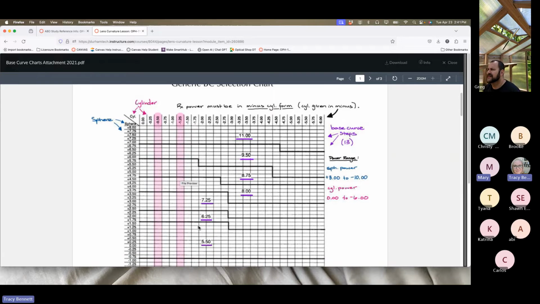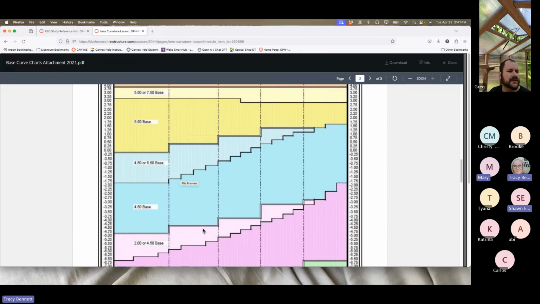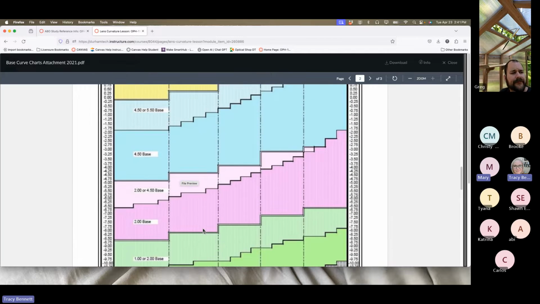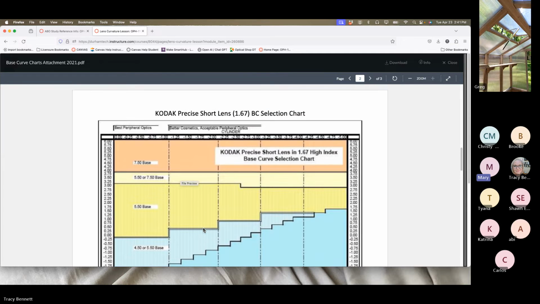I had a question real quick on the other chart. For our worksheet, it shows the chart and it asks questions. I think there are five of them. Number one says +6 minus 250 at 162. So we're going to do the same thing you just did. We're just going to look at the chart. We don't have to do any other math, right?